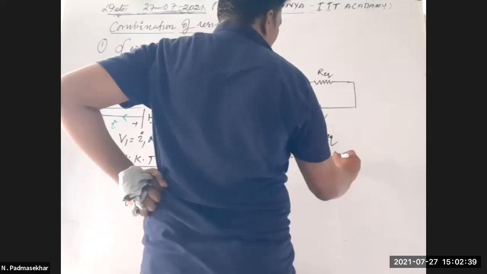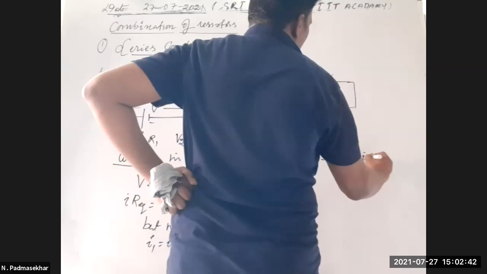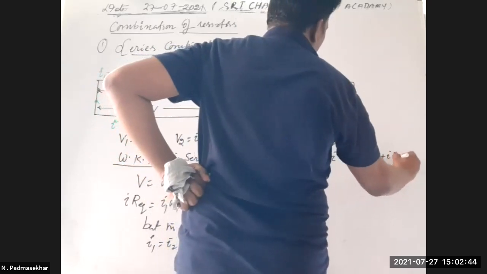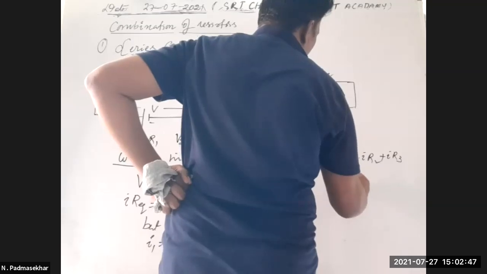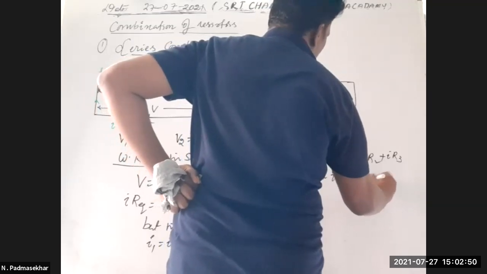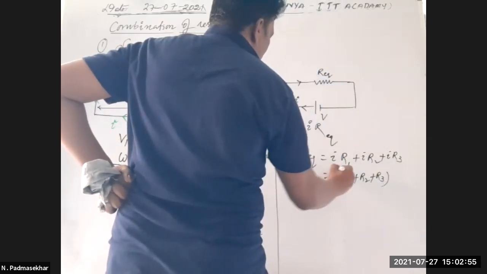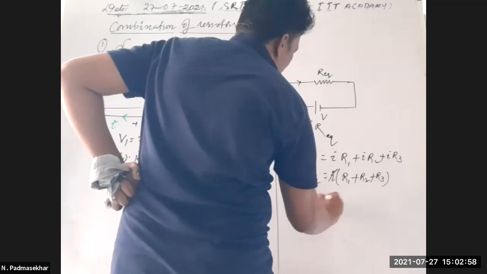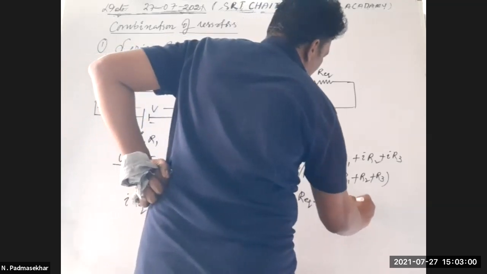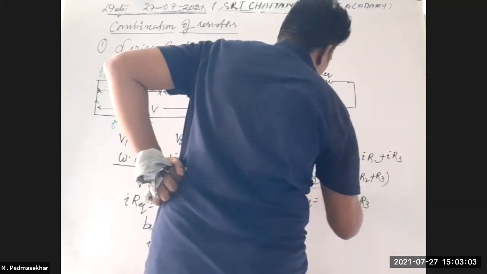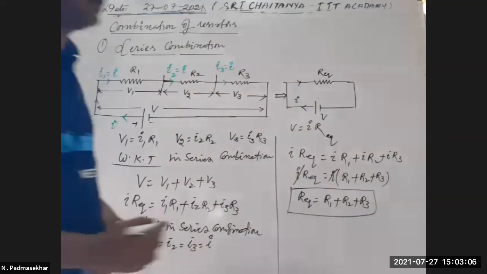So I R equivalent is equal to I R1 plus I R2 plus I R3. I is taken common: I times (R1 plus R2 plus R3) is equal to I R equivalent. So I cancels. R equivalent is equal to R1 plus R2 plus R3. This is the equivalent resistance in the series combination.